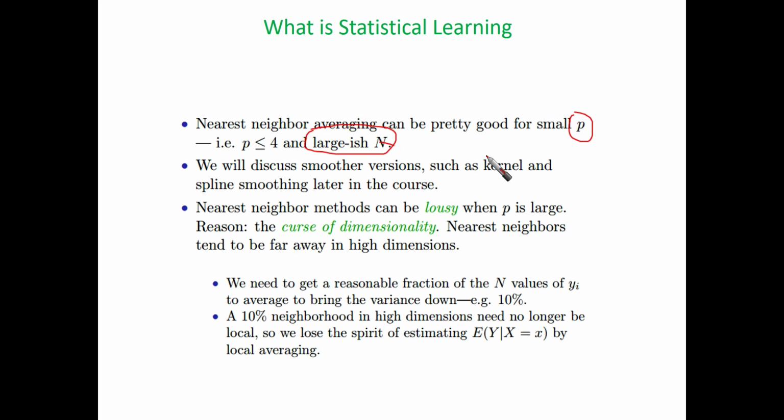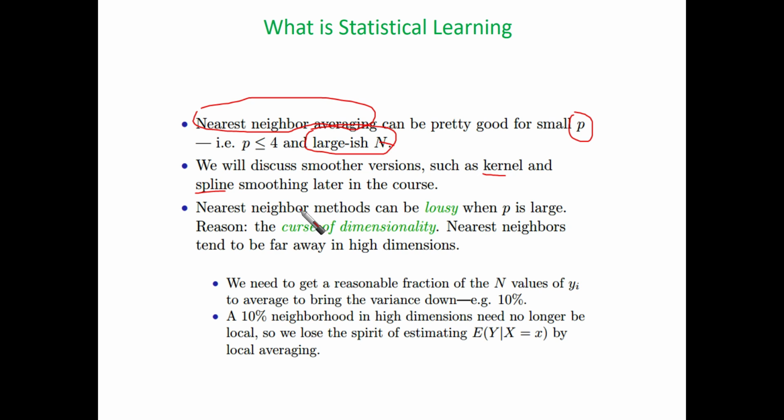Also, if the number of data points is small, it doesn't work well. We'll see shortly how. This nearest neighbor averaging is one of many techniques called smoothing techniques. There are other smoothing techniques, called kernel and splining methods, that we will see later on.